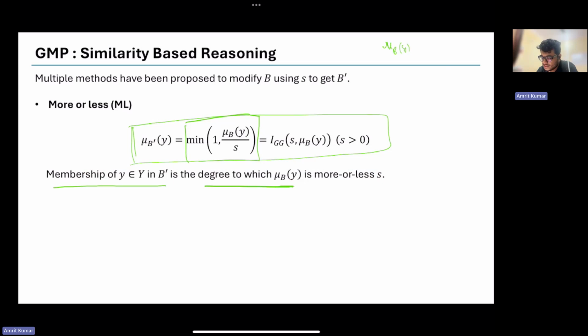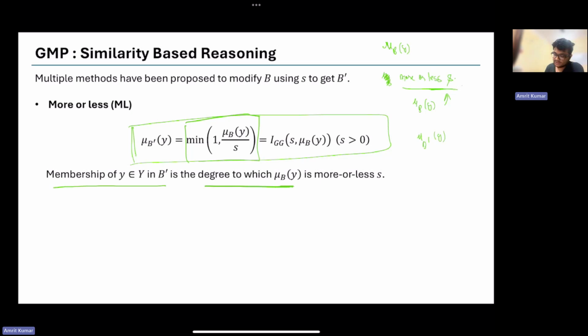Then consider the vague concept "more or less 0.6", right? It's a vague concept. The number 0.6 is a crisp number, it's a real number, but more or less 0.6 is a vague concept. And the membership of mu B of y in this vague concept is what gives us mu B dash of y.